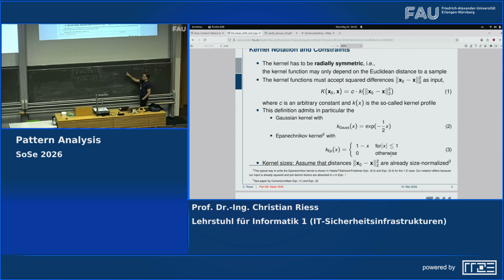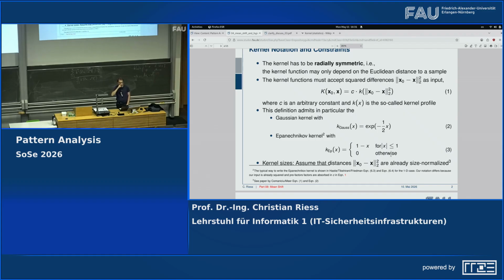We are feeding squared distances to this, with x equals, let me write u here to be a bit clearer, with u being x0 minus x squared. So we're feeding a squared distance to it, and then we have the 1 minus u here.